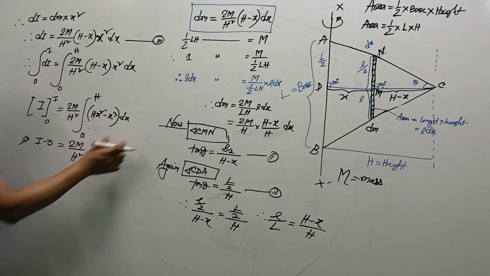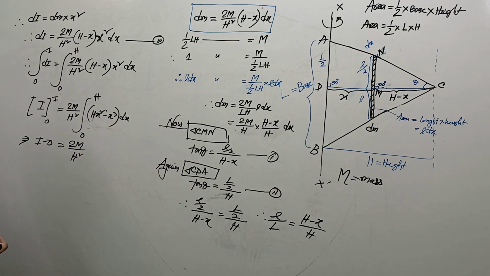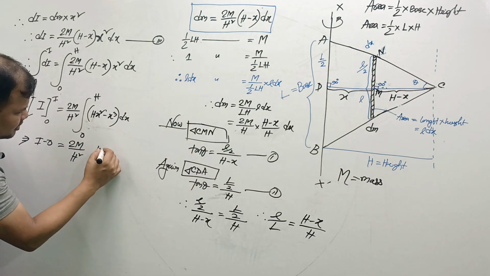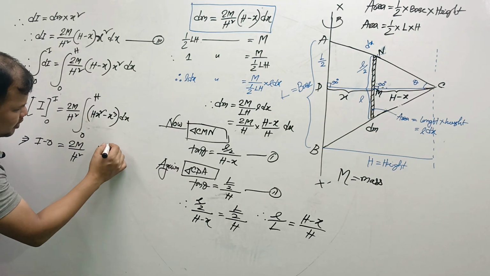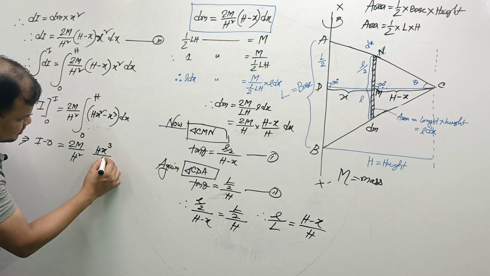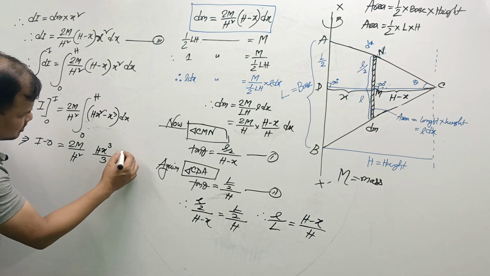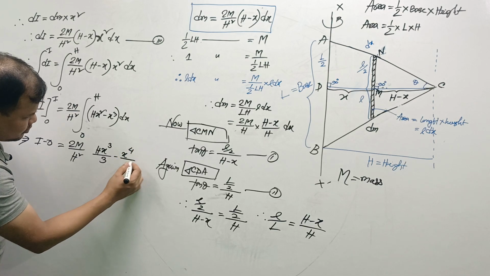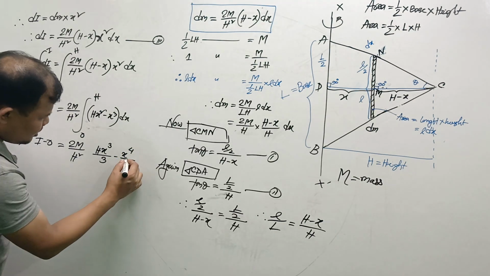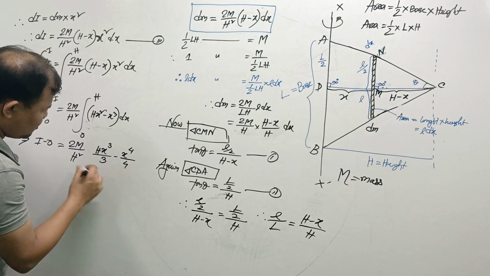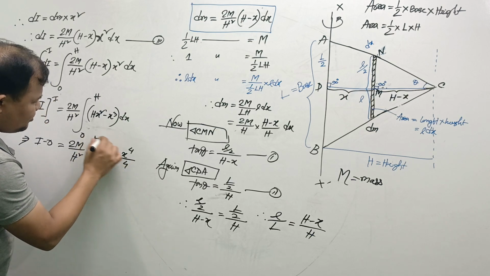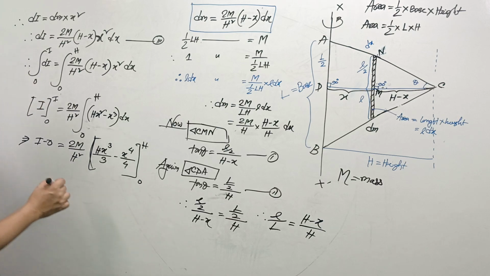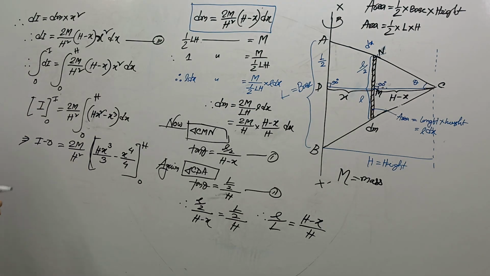This is a very small formula we apply here. We just increase the power of x by 1 and divide by the new power, so this will be 4 and divided by 4. After completing the integration, we just use the limit. I think this small integration all of you know.